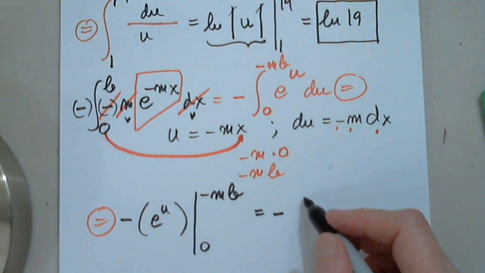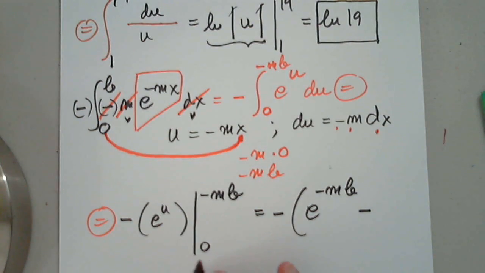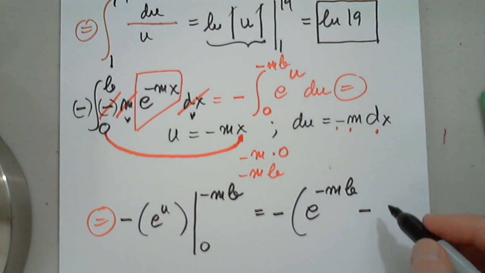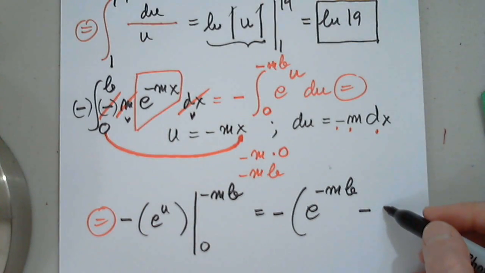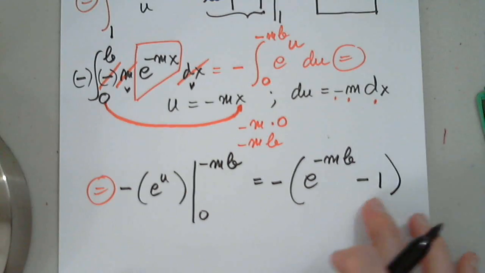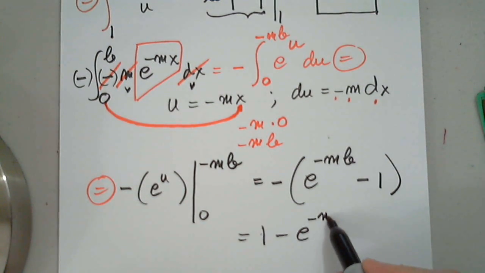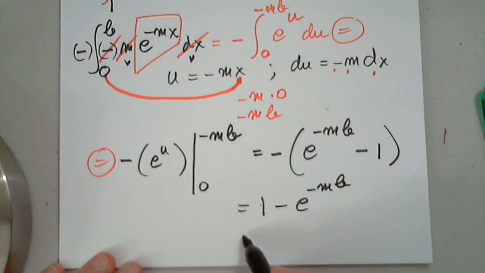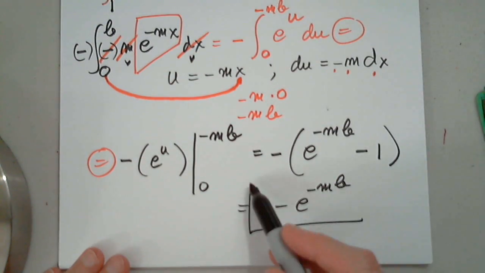I plug in e to negative mb minus, when I plug in 0, e to 0 is 1. That's it. You can distribute a negative 1, and then you can write it as 1 minus e to negative mb. You can also write it as 1 over e to mb, but this is good enough.